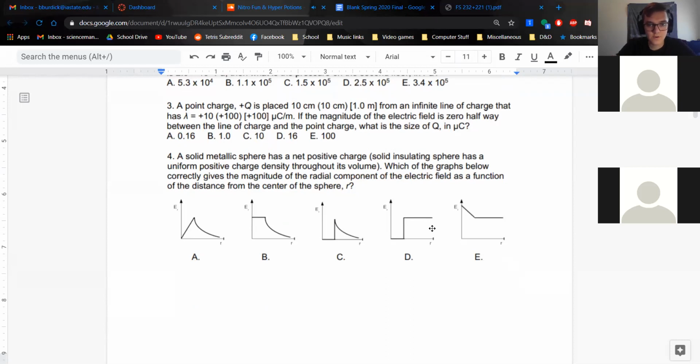All right. So what we've got here, next question, is a conceptual question. We've got a solid metallic sphere. It has a net positive charge, and we want to know which of these graphs describe the radial component of the electric field.